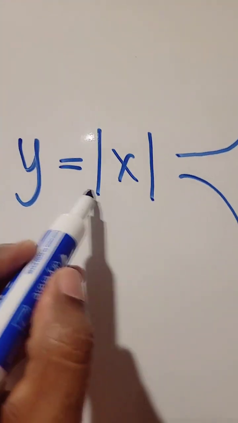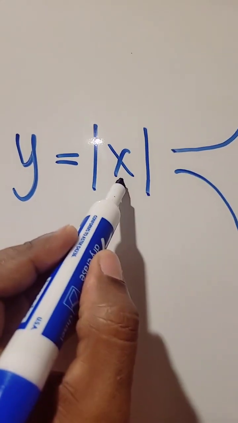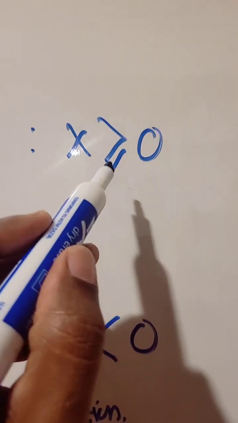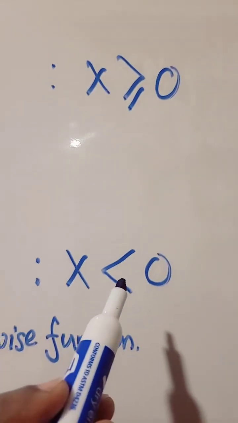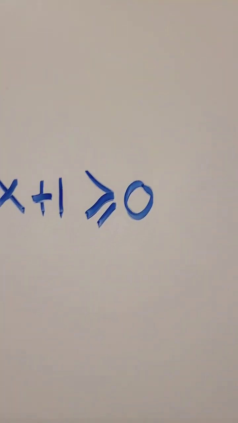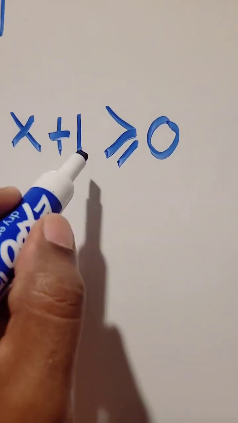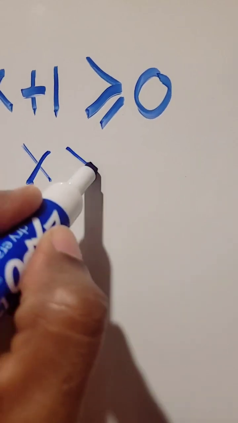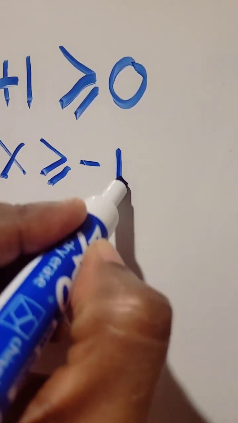It's similar to this basic function. Whatever is inside the absolute value, you take greater than or equal to 0, and in the other condition, it's going to be less than 0. So that's the thing I'm going to do. And you can see this is nothing but x greater than or equal to minus 1.